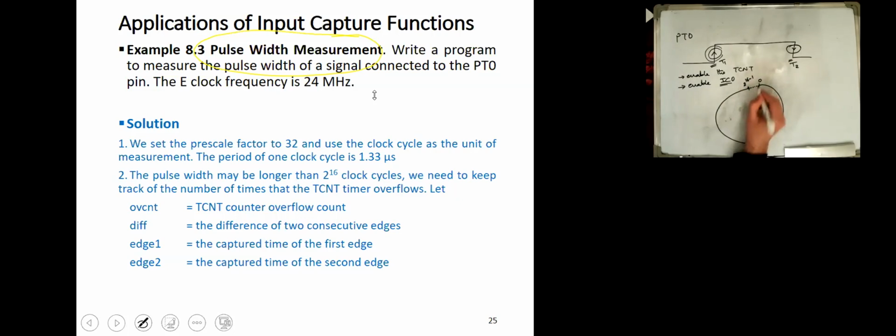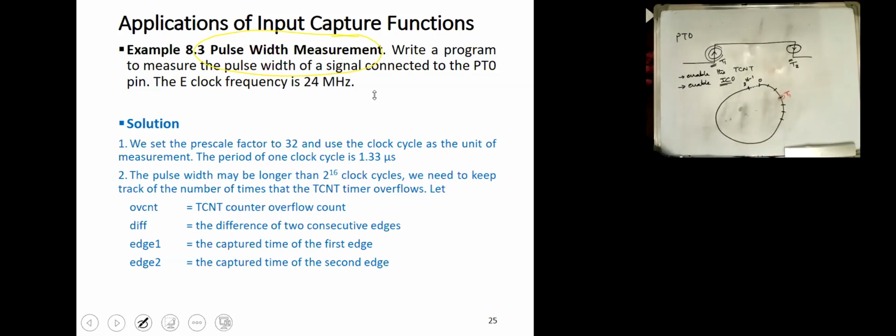When it goes back to 0, we have incremented the counter 2 to the power 16 times, which is the maximum number of increments. So let's assume that this is T1, where we captured the time of the first rising edge.